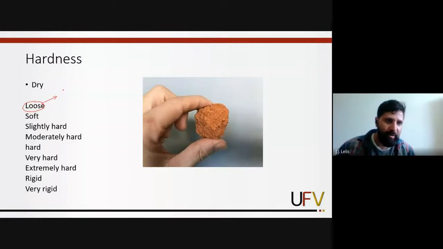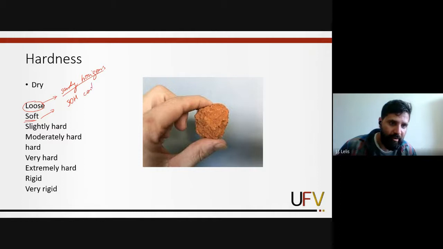They are typically from sandy horizons, horizons or layers that have a lot of sand. Soft consistence is typically from horizons, soils, or layers that have a lot of soil organic matter.